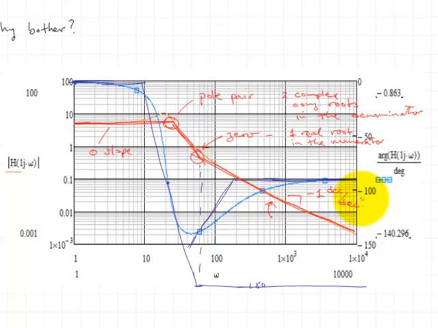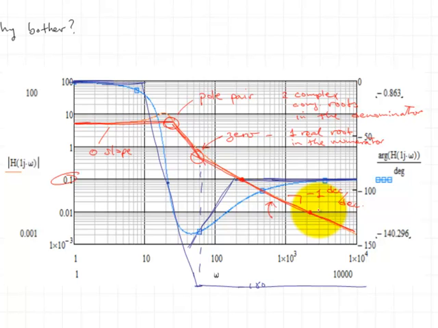If you look here, we cross the 0.1 magnitude at a little above 200, and we're going to cross the 0.01 just above 2000. Right? And if I go further out away from this zero here, eventually this will be exact.